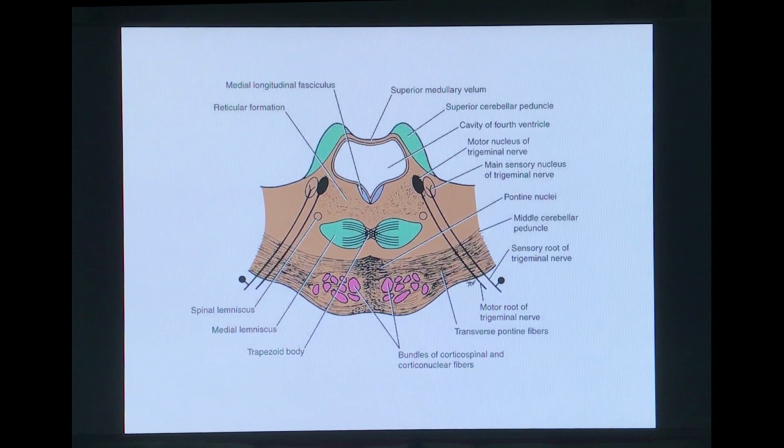These are first order neurons. So the cochlear nerve is a first order neuron having a peripheral process and a central process. The central process comes to the cochlear nuclei, which are located anterior and posterior to the inferior cerebellar peduncle.